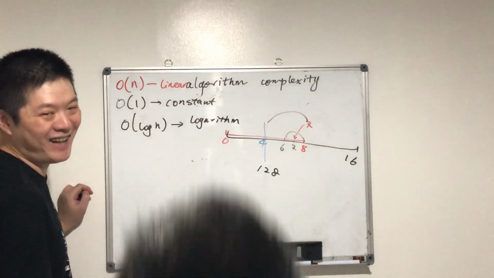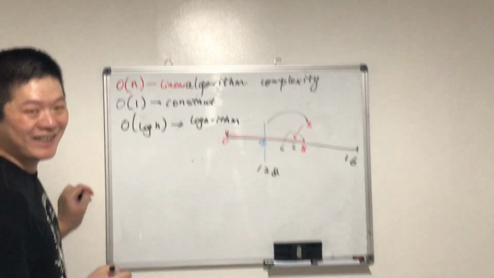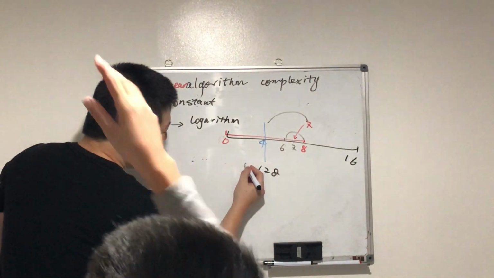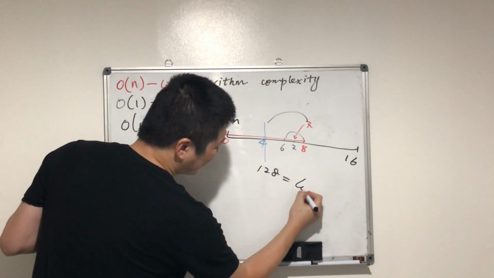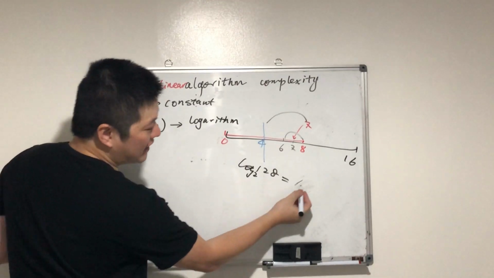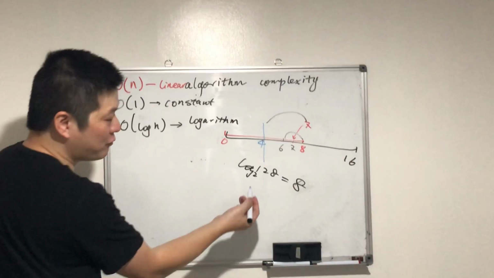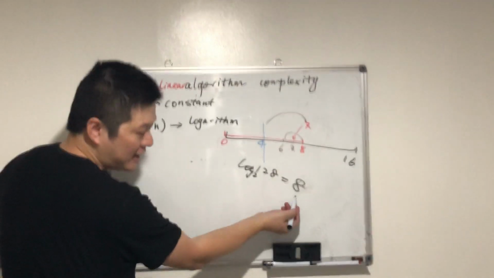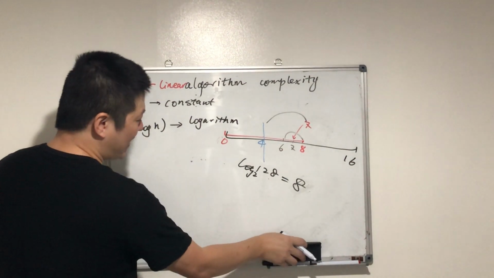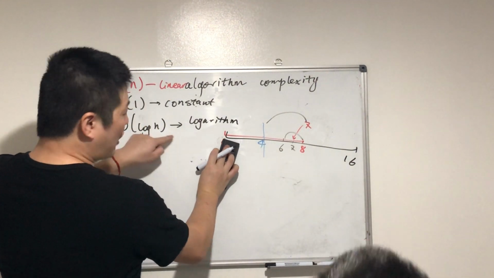It's getting harder. 5, 6, 7, so 8? No, 7. Yes, log 2 of 128 equals A, so basically 2 to the power of A equals 128. So this is log n.